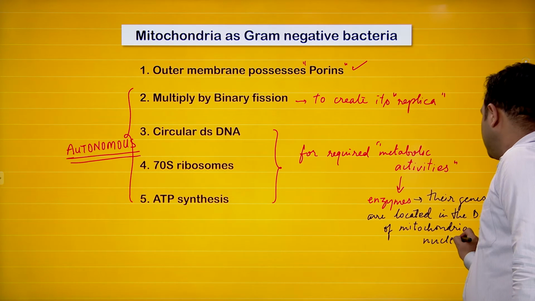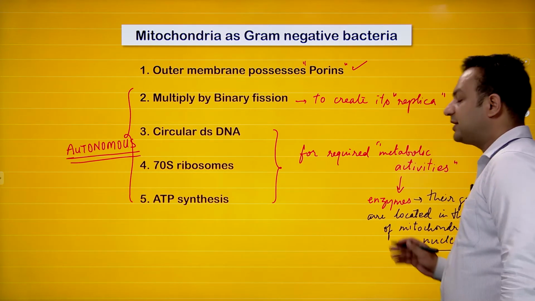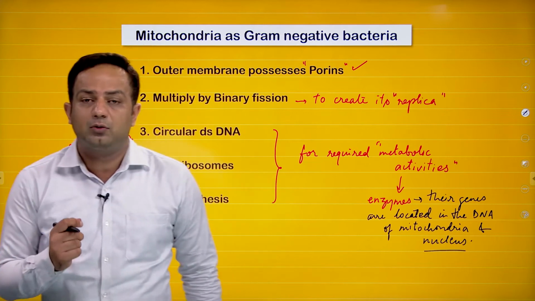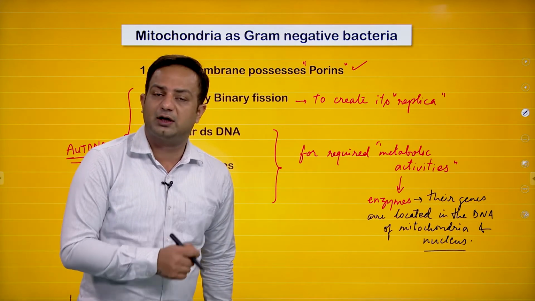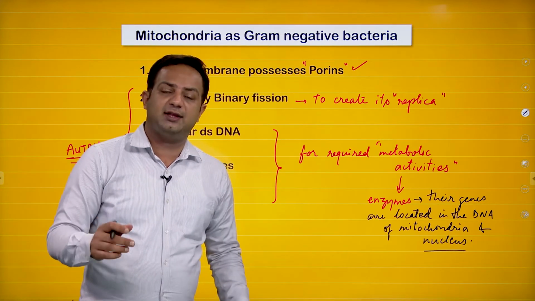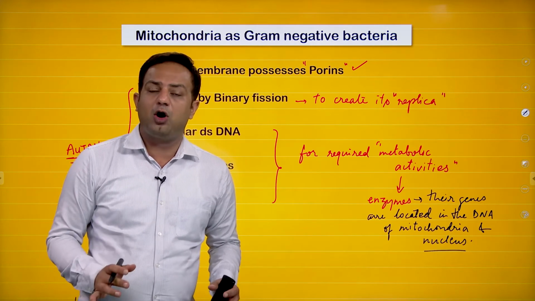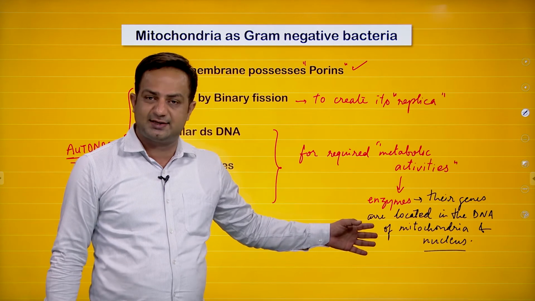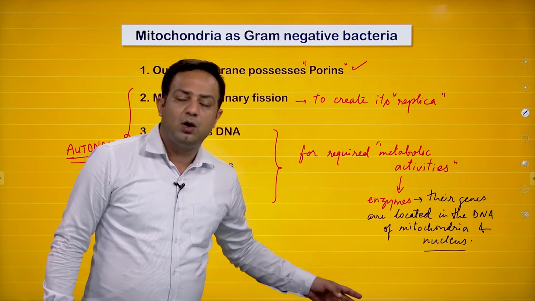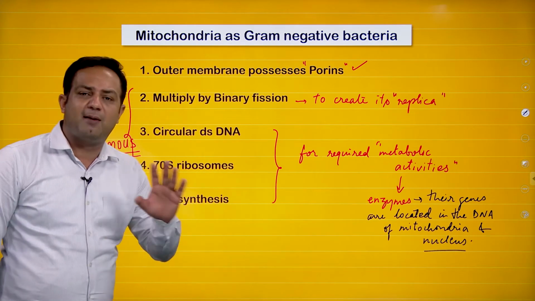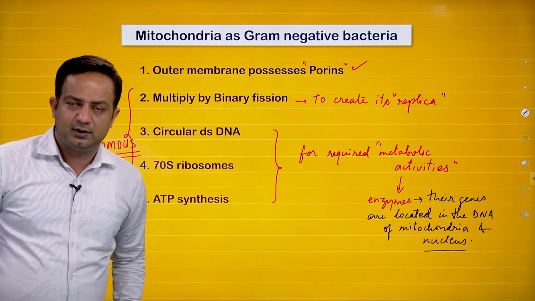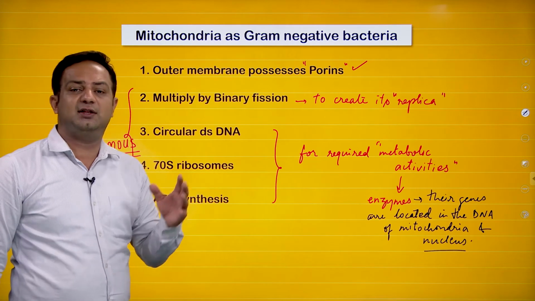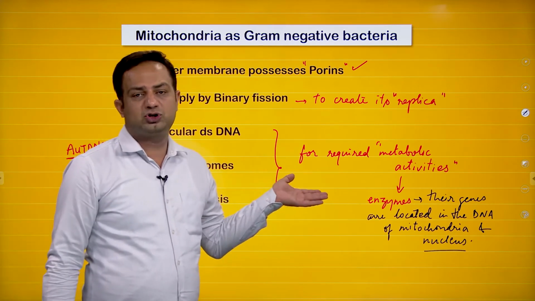The thing is that the enzymes which they require to fulfill all their metabolic activities are formed either in the mitochondria itself, or they are dependent on the cell to get those enzymes synthesized. So this is how mitochondria is not completely independent. It is sharing its life, or sharing the resources, with the host cell.